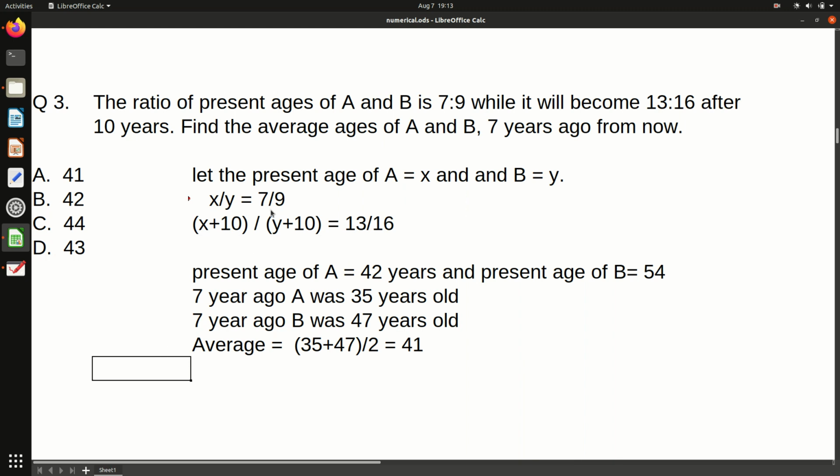Now if you look carefully, we have to find the value of X and Y, because this is the present age. Once we get the present age, we will easily calculate the average. So we just have to find the value of X and Y, and you can easily do this mathematically. We have two equations and two variables. So I hope all of you can solve it. So let me show you.